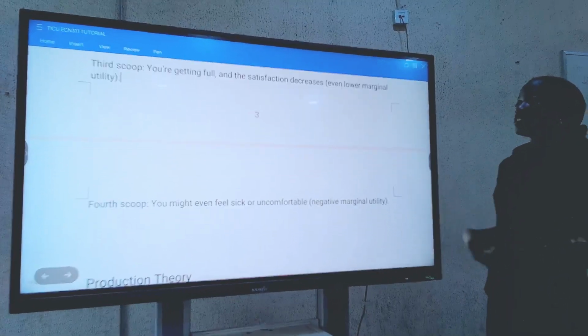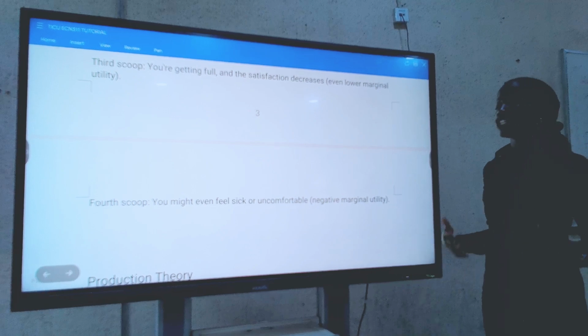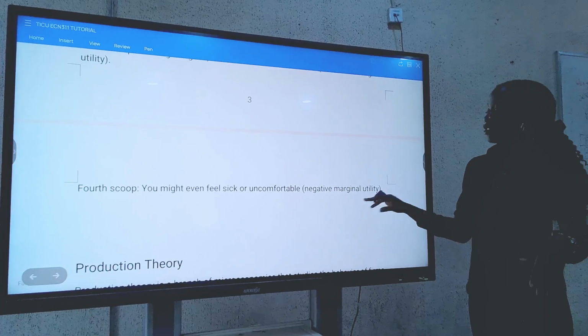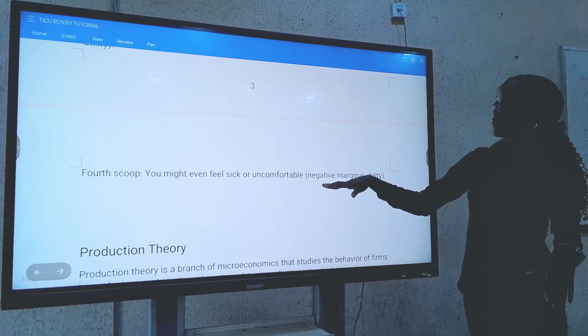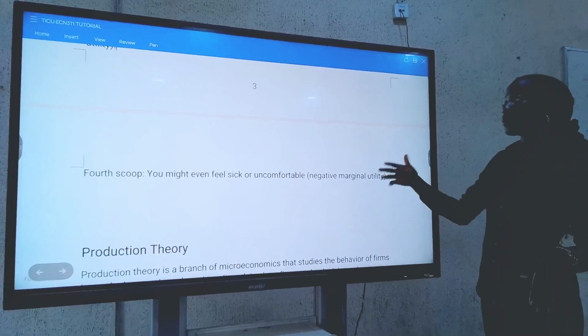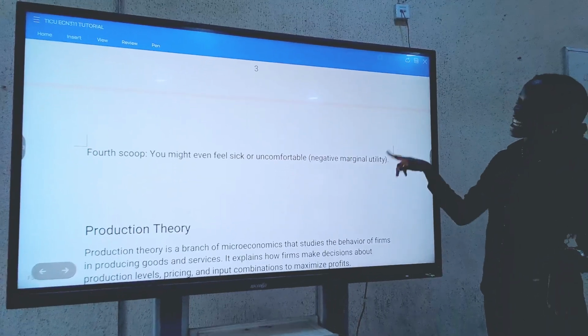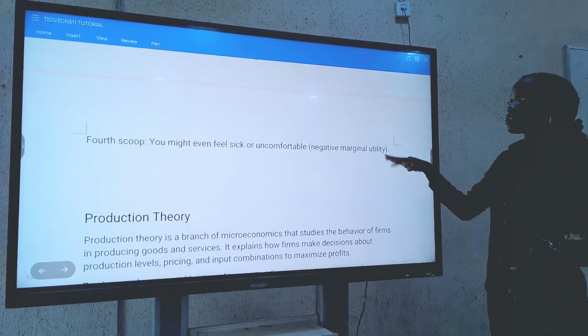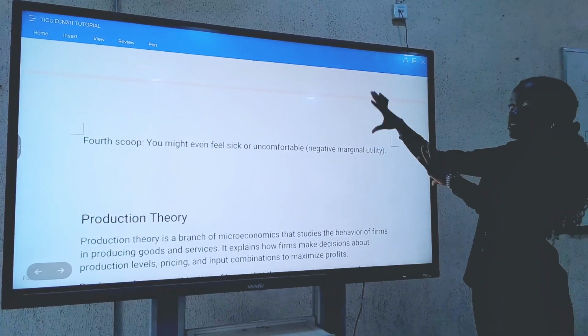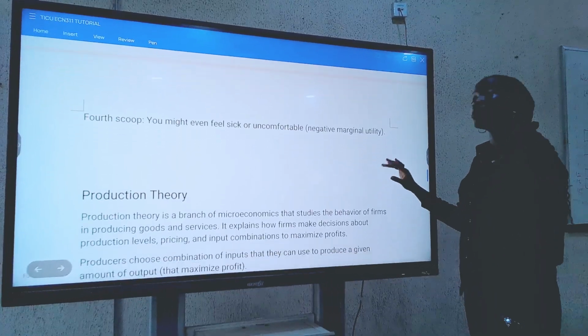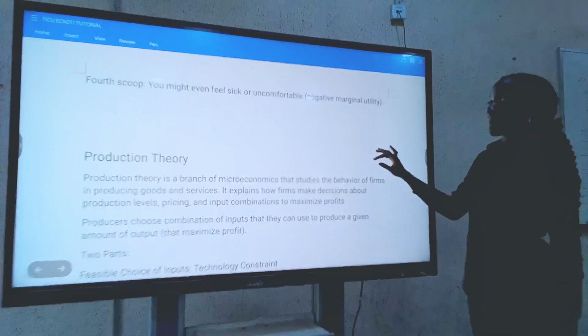Then the more you keep taking, let's say you are full and you keep taking, you may even fall sick because of the adverse effects of too much ice cream, and that's a negative marginal utility. So this basically explains the concept of diminishing marginal utility.